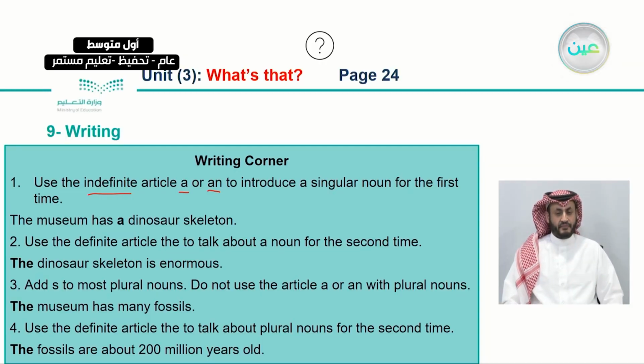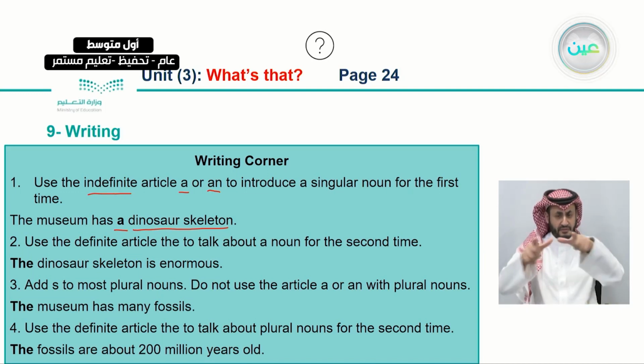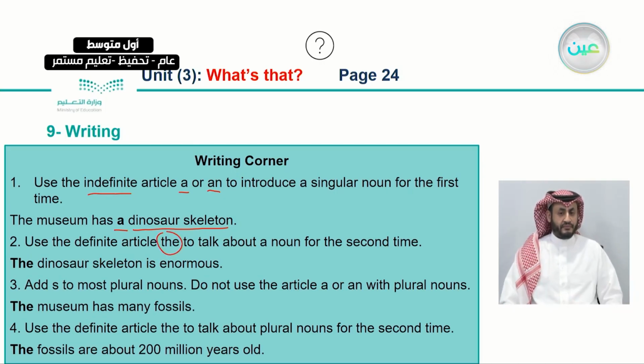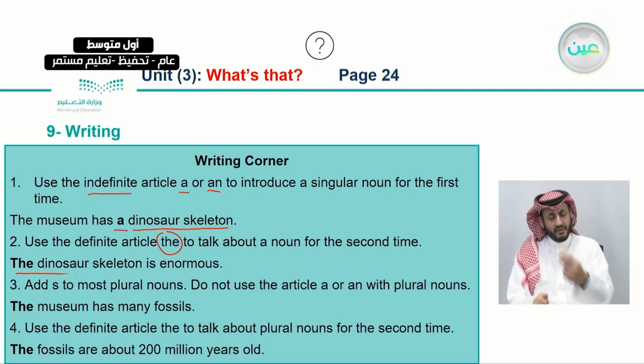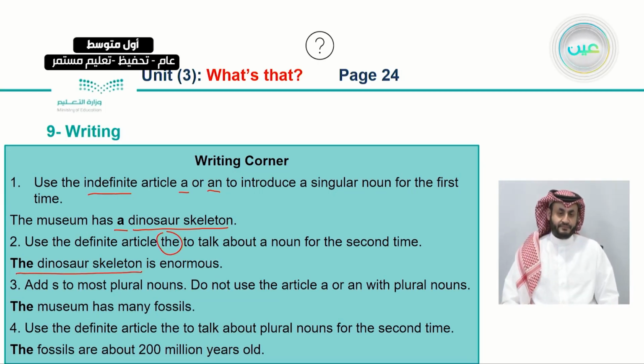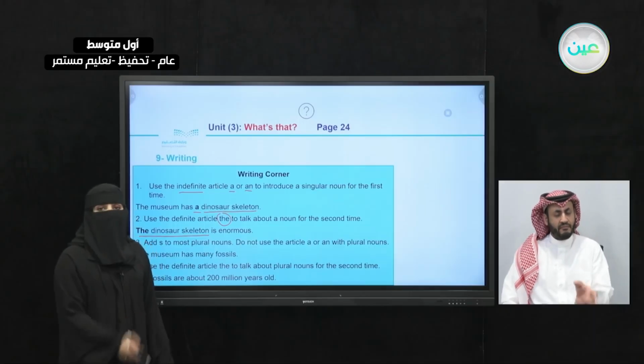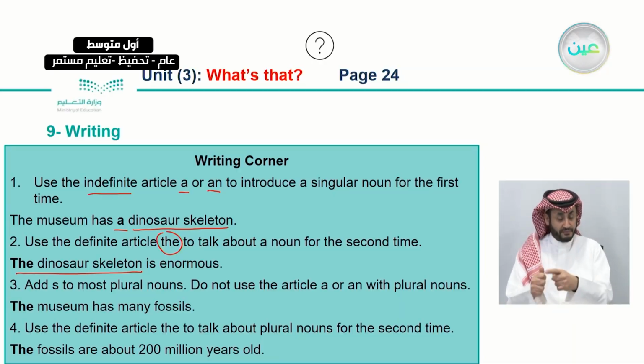The museum has a dinosaur skeleton. I'm introducing the item for the first time. It's for my readers, right? Use the definite article the to talk about a noun for the second time. The dinosaur skeleton is enormous. Which dinosaur am I talking about? The first one I was mentioning in my paragraph.